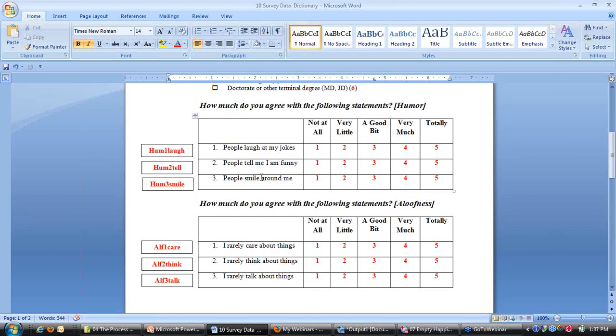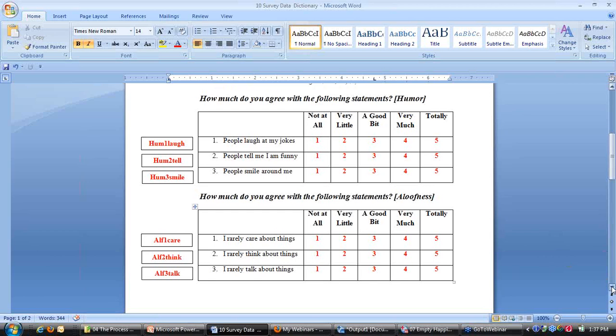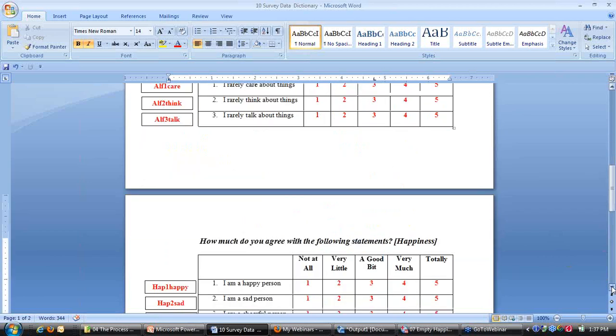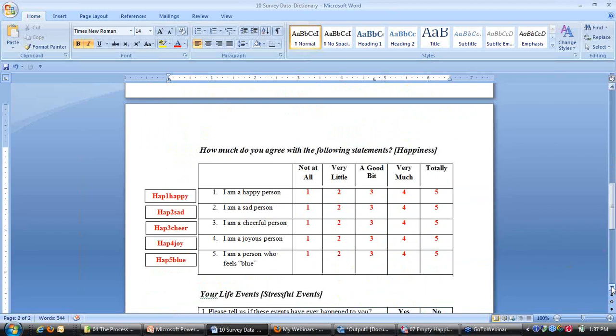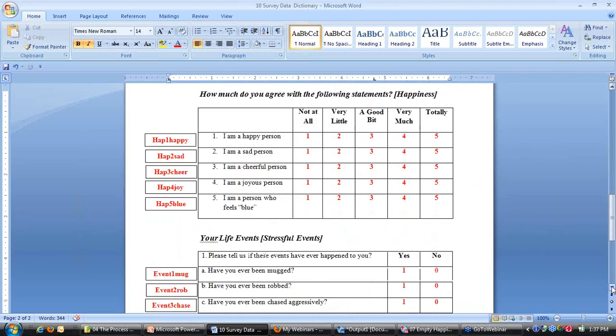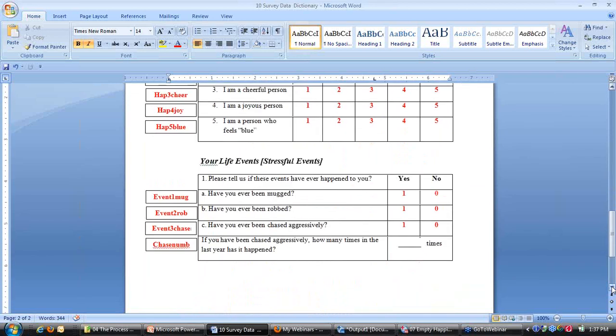Laugh at my jokes, tell me, smile. I did the same with aloofness, the first 3 letters for aloofness, 1, 2, and 3, and it refers to the question. Also, I did the same thing for happiness.